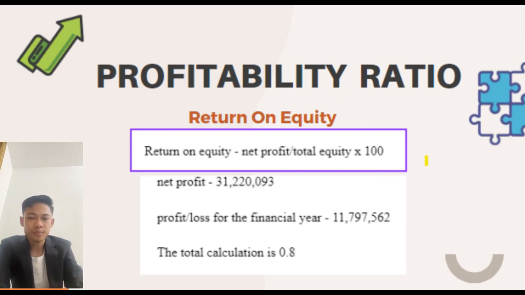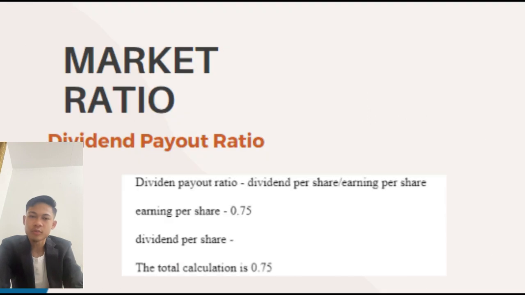So the total calculation and the result that I get after I divide and multiply by 100, I get 2.2, that is for the ROE. And the third one is the dividend payout ratio.